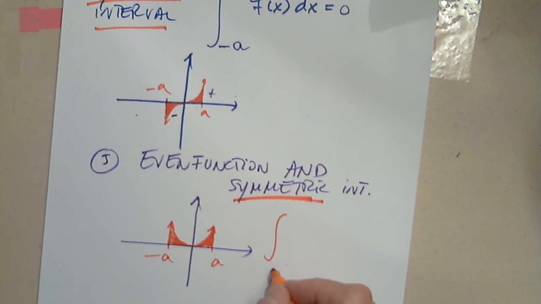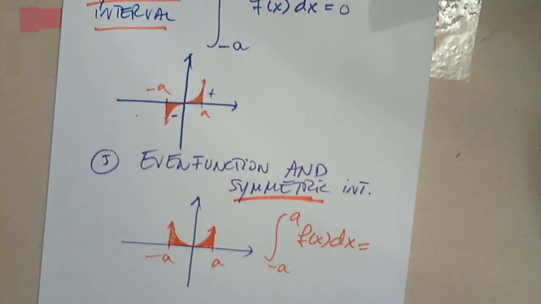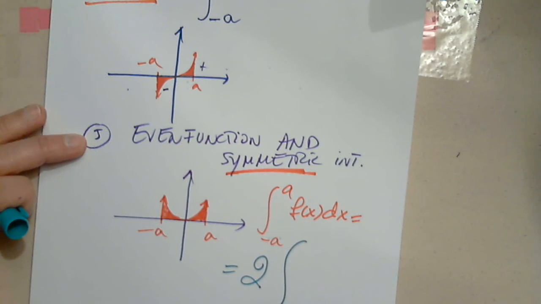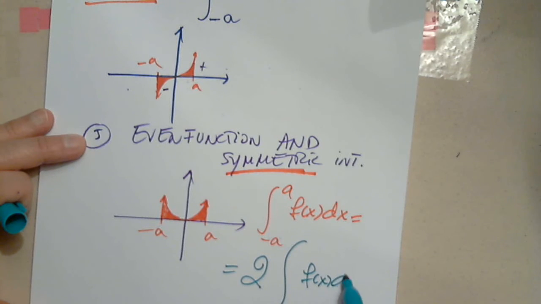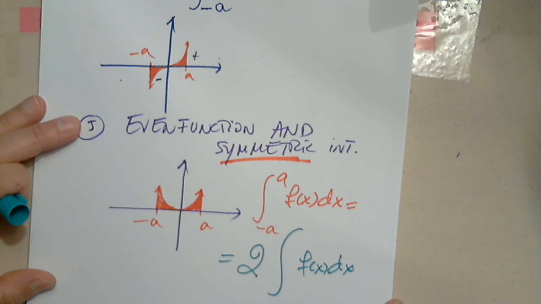So then the integral from negative a to a from f of x dx, if the function is even, the answer would be, I'll help with this one, twice the integral from what? Zero to a. Right.